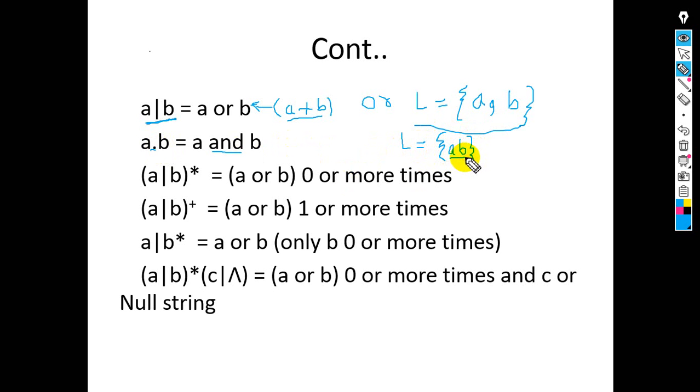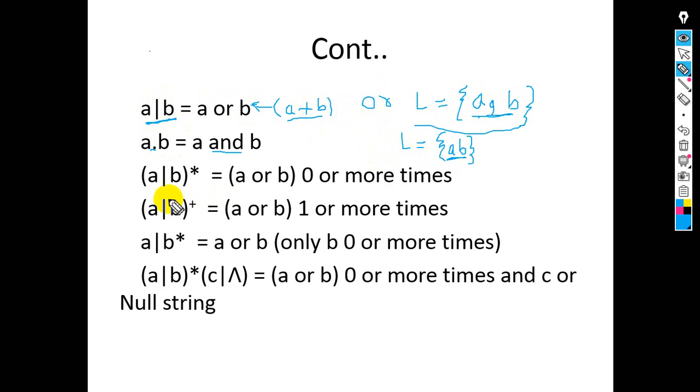There is no comma between A and B, but here there will be a comma between A and B. It means that sometimes the finite state machine will accept A or B, and at the same time the finite state machine can accept both A and B. So A dot B means A and B, AB in a language. This means A or B, or A comma B in a language.